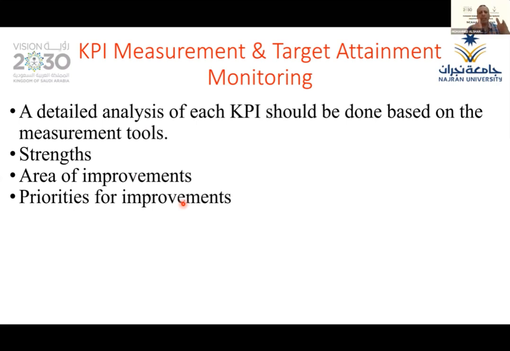This is the main target of the KPI. And monitoring, this is KPI measurement. This is how we measure targets, how we are attaining the target, how we define the new target, and monitoring. Why we are doing this KPI is because we'd like to find our strengths, our areas of improvement, and our priorities of improvement, which will be monitored by the department council and college council.